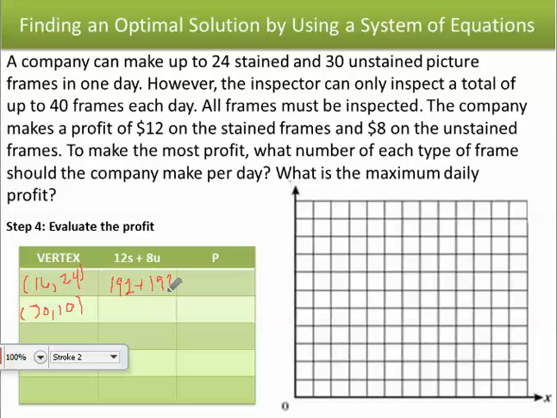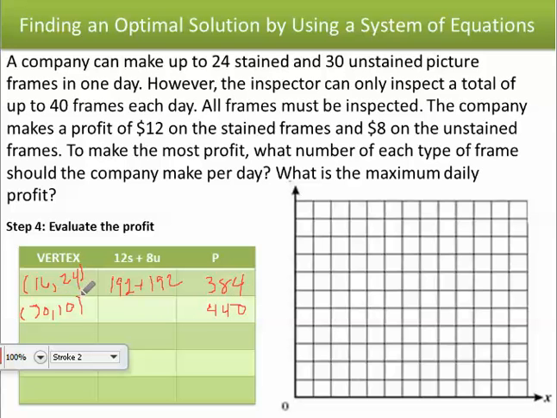So we add 192 plus 192, and we get a profit of $384. Okay? Let's try the other one. 30 times 12 plus 8 times 10 gives me a total of $440.